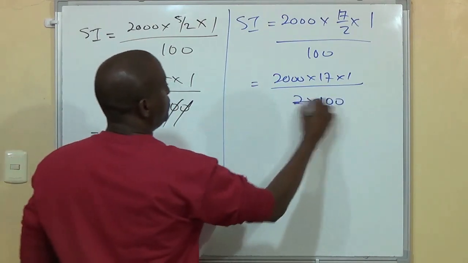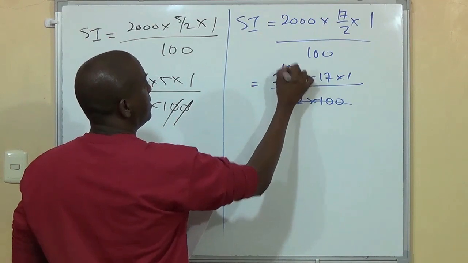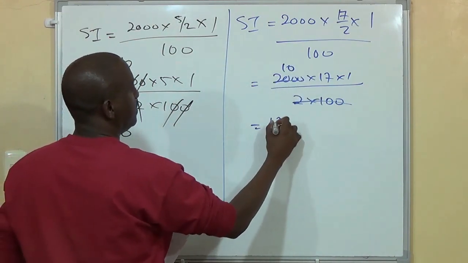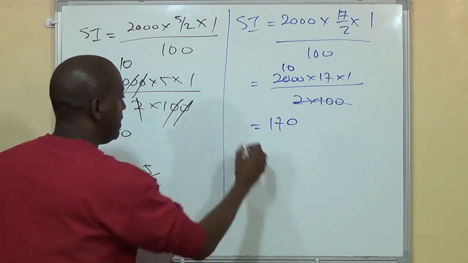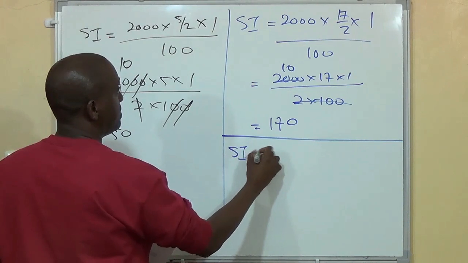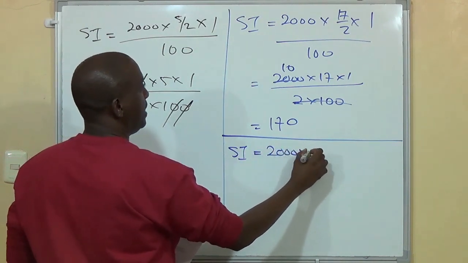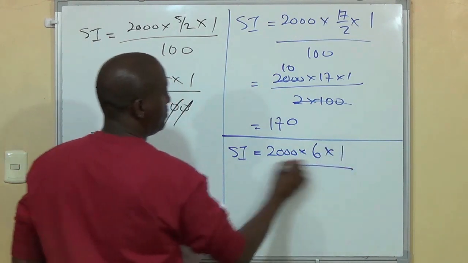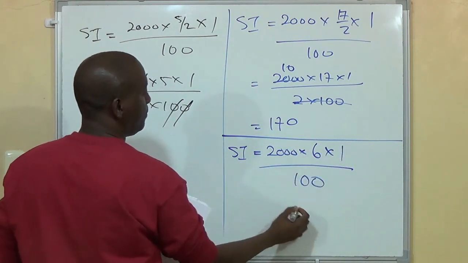So 200 into 2000 is 10. I just quickly worked that in there. 10 by 17 is 170. Then I would do the same thing for 6%. Simple interest is equal to principal by rate, which is 6, by time, which is 1 over 100.